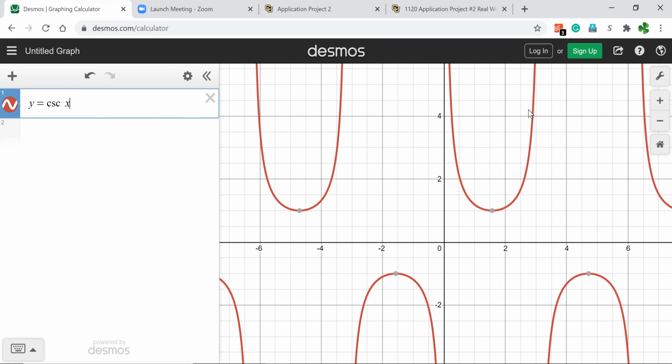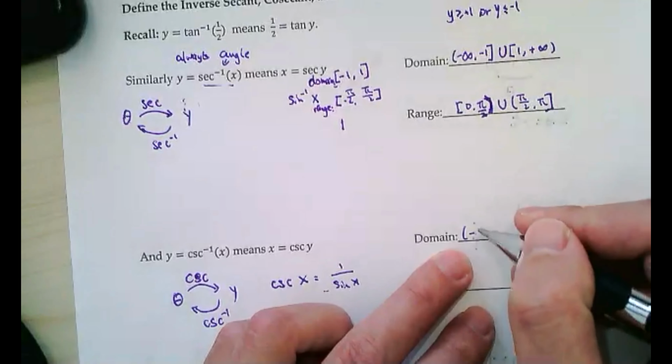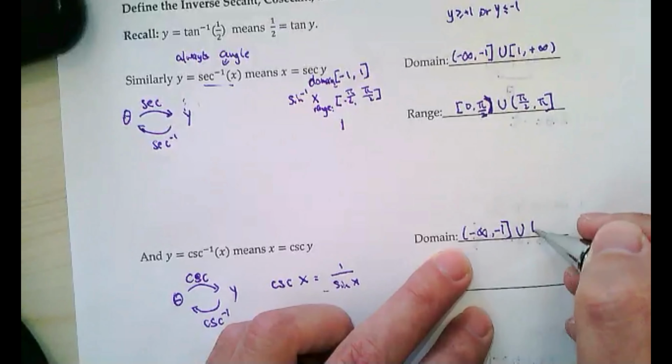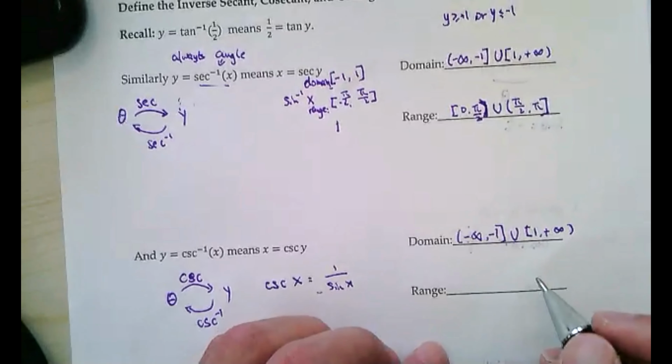Y values can take those values. So for the domain of inverse cosecant, it's just the same as the range of the cosecant. So our new domain is the same as the previous range. Let me switch to the document camera. Our new domain is still the same as the previous range. That's it.